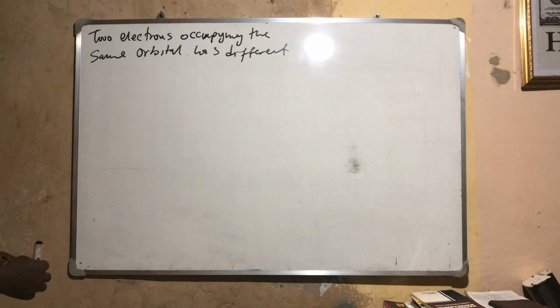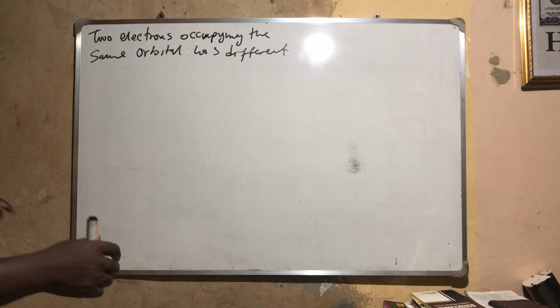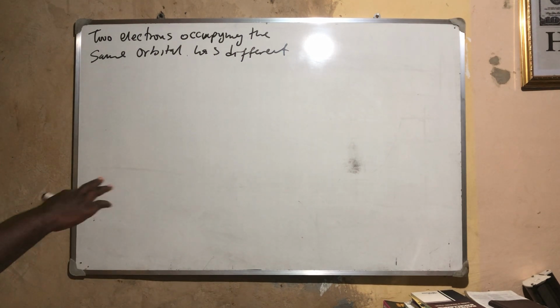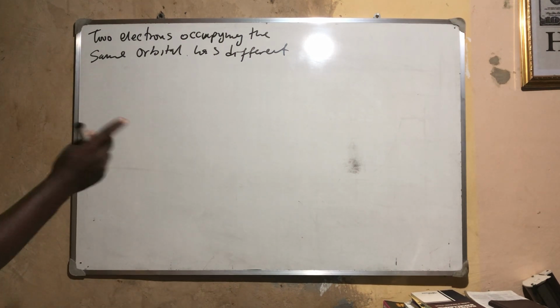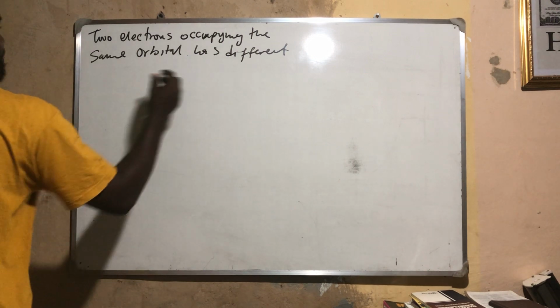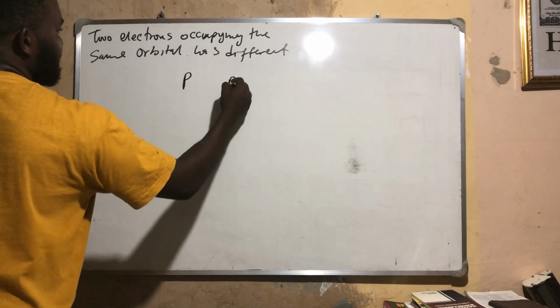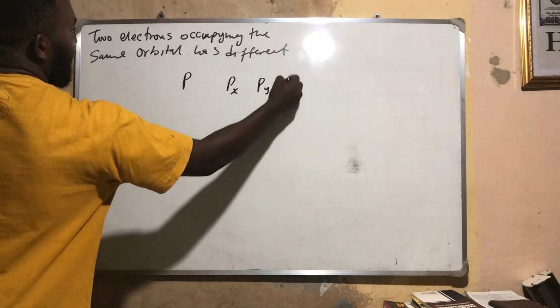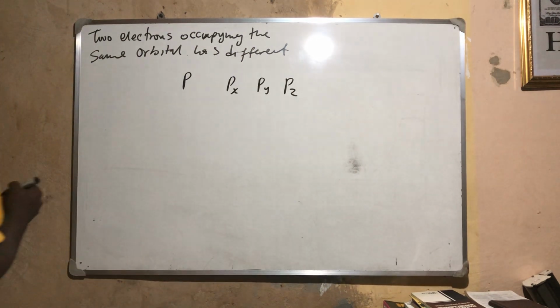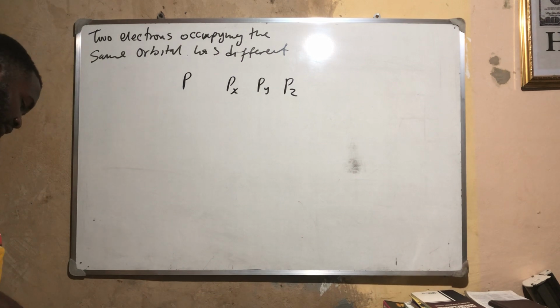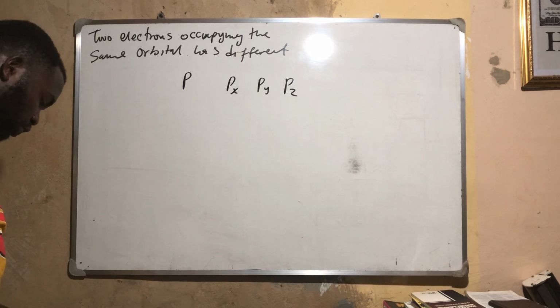Okay, why? Because the spin quantum number will show you different shapes. In fact, it will show you different shapes of that orbital, because for p orbital we have px, py, and pz. All right, so the answer is the spin quantum number.